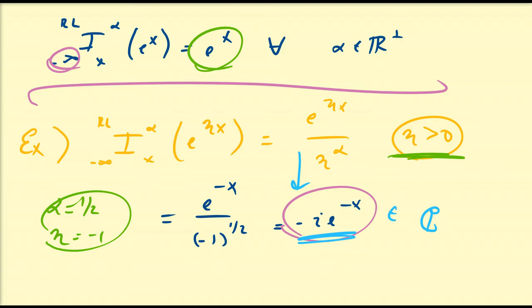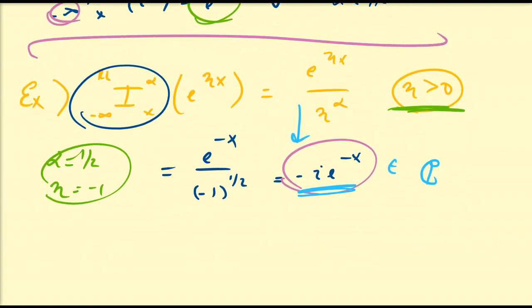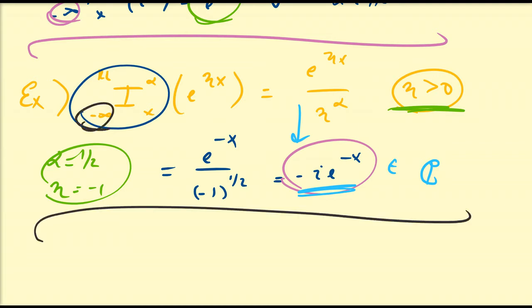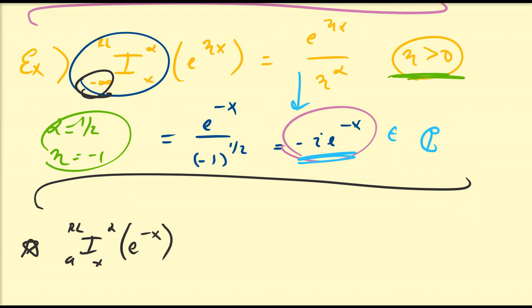So clearly, this operator does not give us the result that we would like for the function e to the minus x. So possibly we need to investigate, okay, is there another base point a that is not negative infinity that will give us what we want? So let us investigate the Riemann-Liouville integral with base point a at x of order alpha of e to the minus x, and let's see if there's an operator that will give us what we want for this.